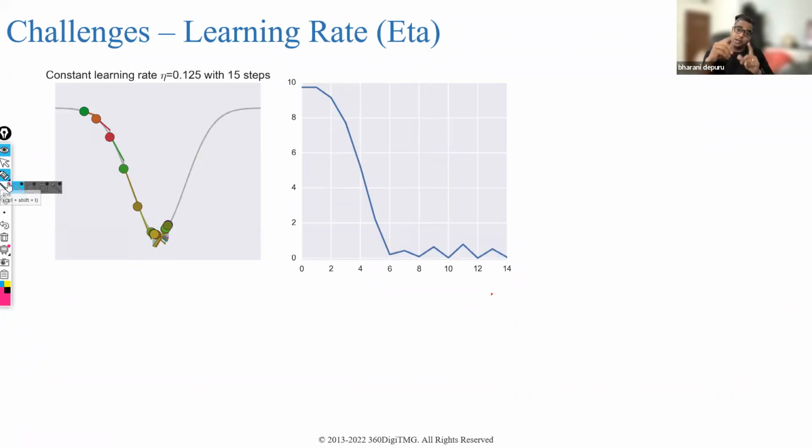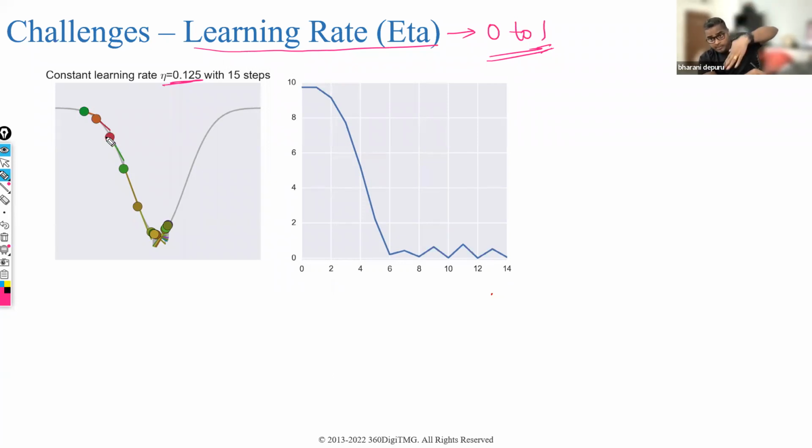There is again a challenge with respect to the learning rate or eta value, which ranges from 0 to 1. If you choose a constant learning rate, meaning throughout the model, back propagation and updating weights and all that, what happens is, wherever there is a somewhat flat surface, the update will be small.